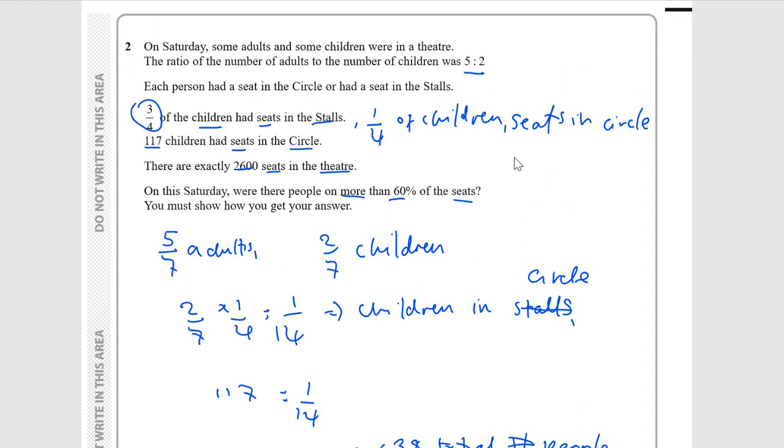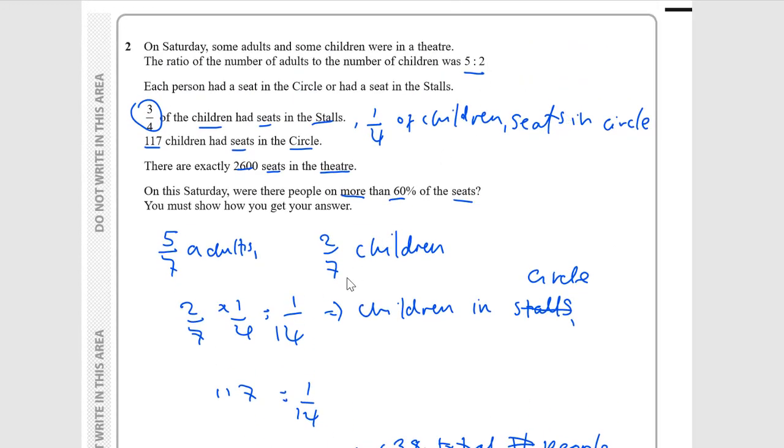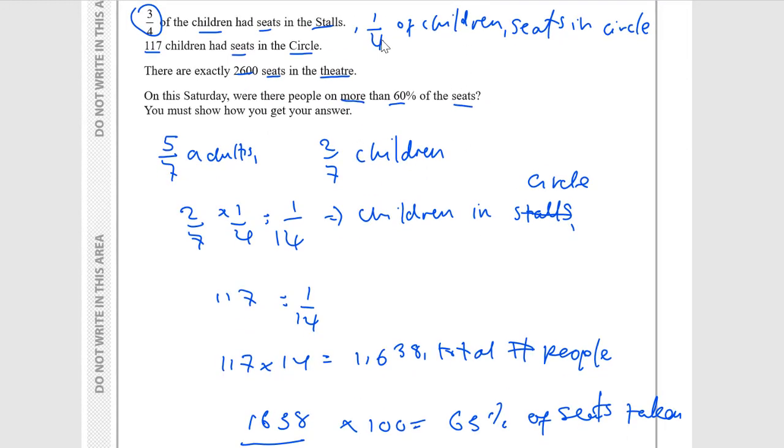Let's just run through that once more. 3/4 of children had seats in the stalls. That means 1/4 of children had seats in the circle, because it's either stalls or circle. And we know there's 2 over 7 as a fraction of children, because of the 5 to 2 ratio. So 1/4 multiplied by 2 over 7 gives us 1 over 14 of the people in the circle. And 117 children had seats in the circle.